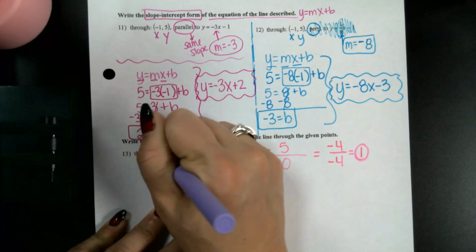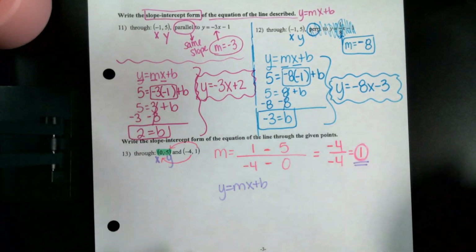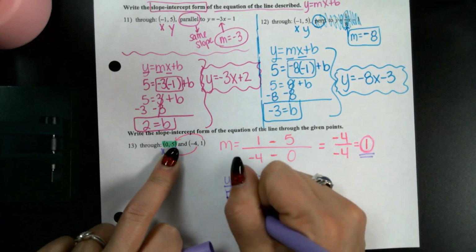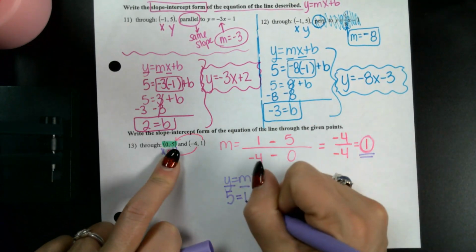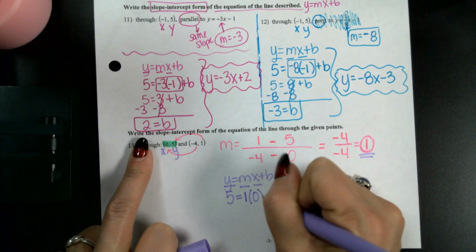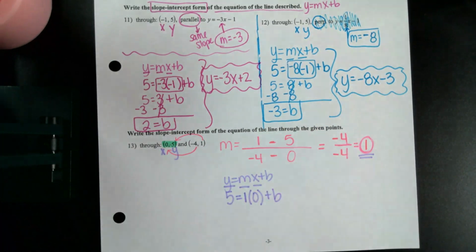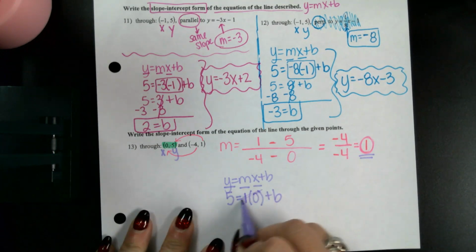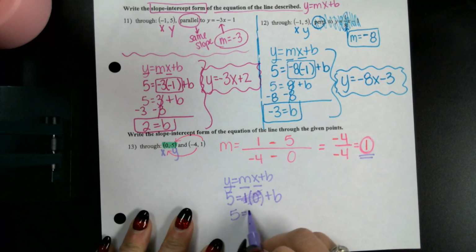So this is x, this is y, and then this over here is m. So I would put the 5 where the y is, the 1 where the m is, and then for x, you're going to plug in a 0 and leave the plus b in there. So this would be 0. So it's just 5 equals b.